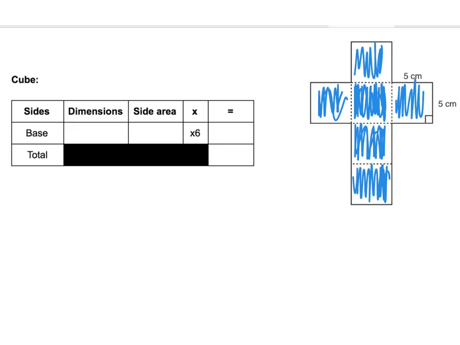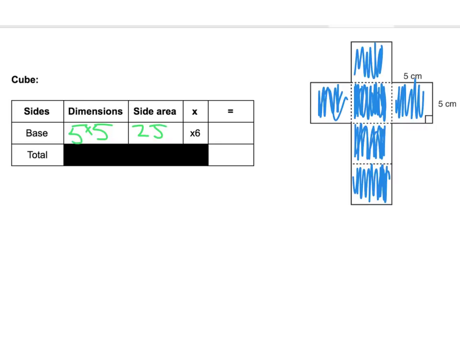And so I can find the surface area very, very easily by simply finding the area of one side of it and then multiplying that by 6. So in this example with this cube here, our net shows us that we have dimensions of 5 by 5 on one side, which means that the side area is 25 square centimeters.